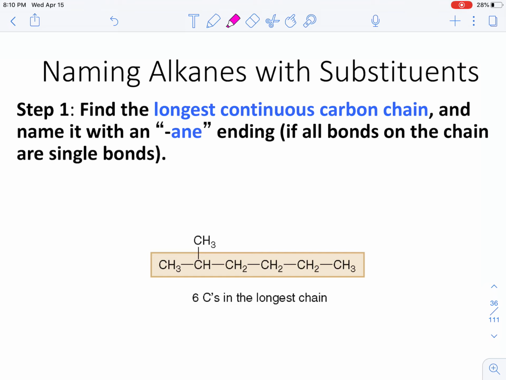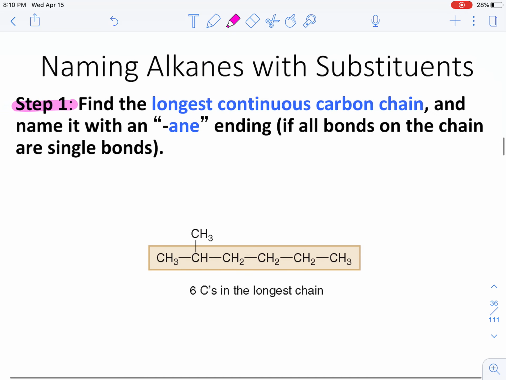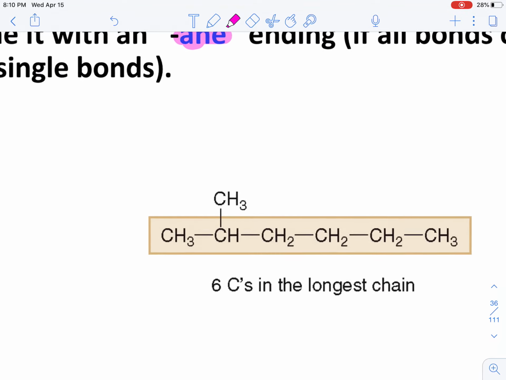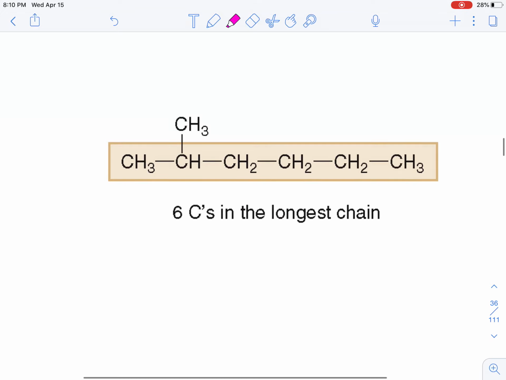The very first step, and this is always the first step for a lot of these organic compounds that we're going to learn how to name, is that you need to find the longest continuous carbon chain with an ane ending, and that's going to be your parent chain. In this example that's already been pre-drawn, notice that the number of carbons in the longest chain is 6.